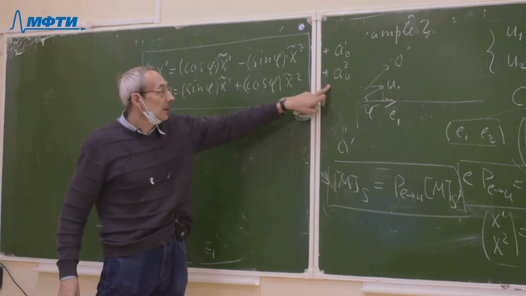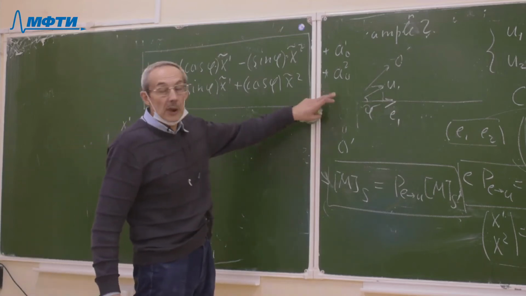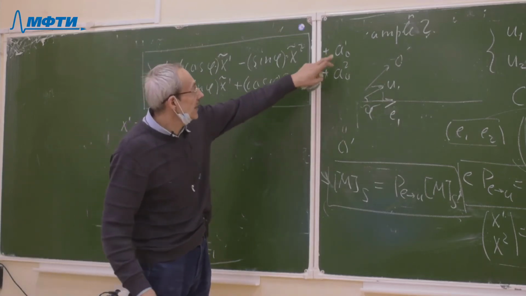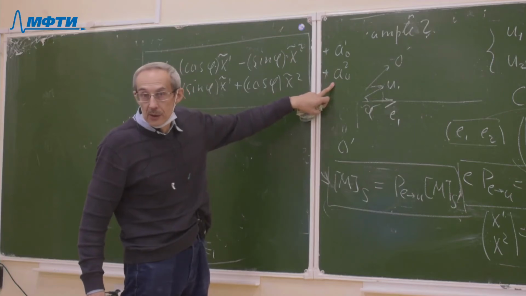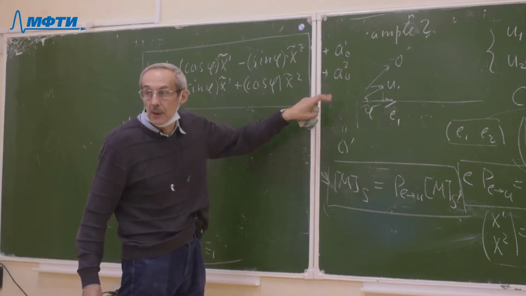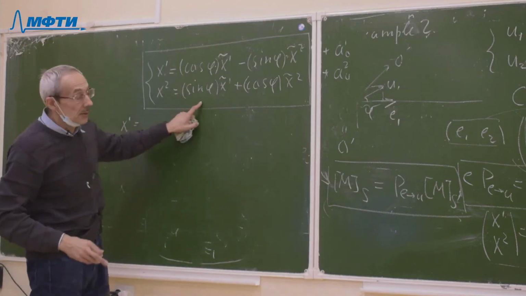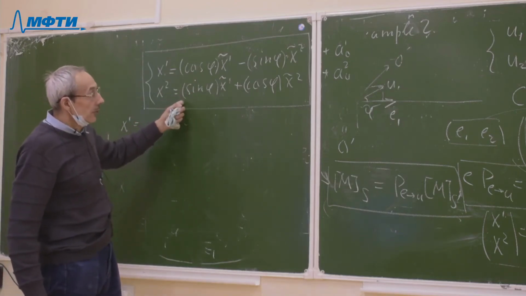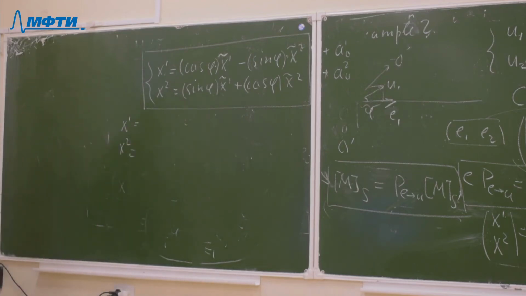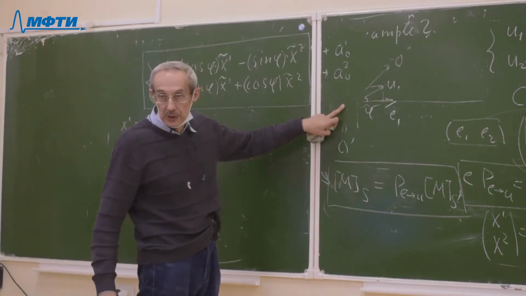You add the coordinates of the new origin point O prime in the old coordinate system. In our case, these numbers are equal to 0, and so this term is absent. In the arbitrary case, the formula which relates the coordinates in the new coordinate system and the old coordinate system has the following form, in the case of rotation and shift of origin.